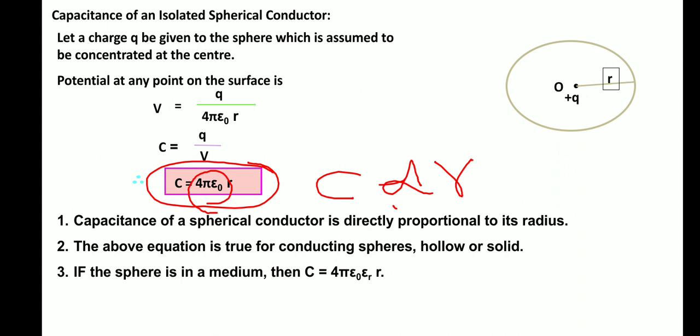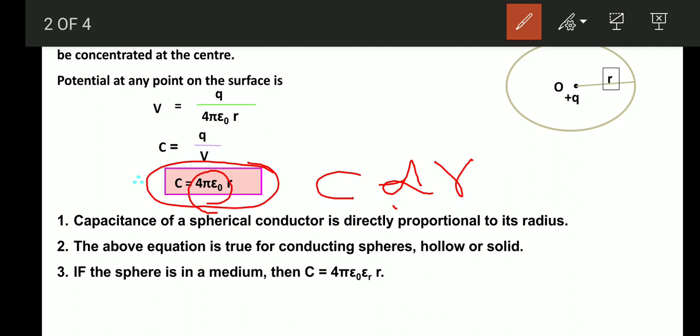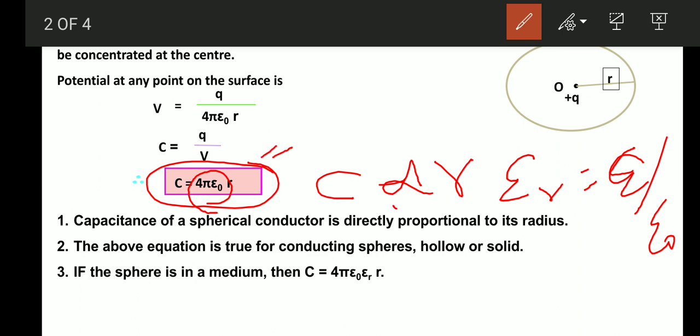If the sphere is in a medium, then we studied the relative permittivity formula: epsilon R is equal to epsilon by epsilon naught, where epsilon is the permittivity of the medium. If the conductor is placed in a medium, this equation will become 4 pi epsilon R, where epsilon is the permittivity of that particular medium.